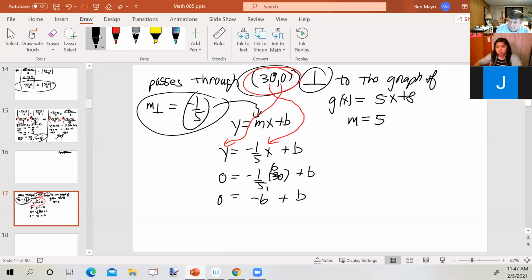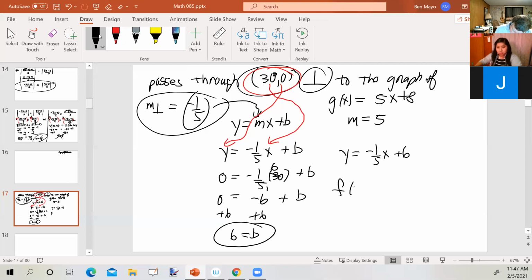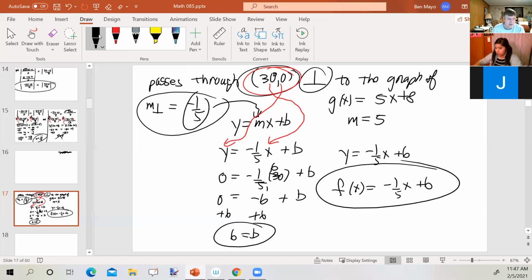I'm going to add 6 to both sides of the equation. So 6 equals b. So I've got y equals negative 1/5 x plus 6. But as a function, f of x equals negative 1/5 x plus 6. And there's the answer.